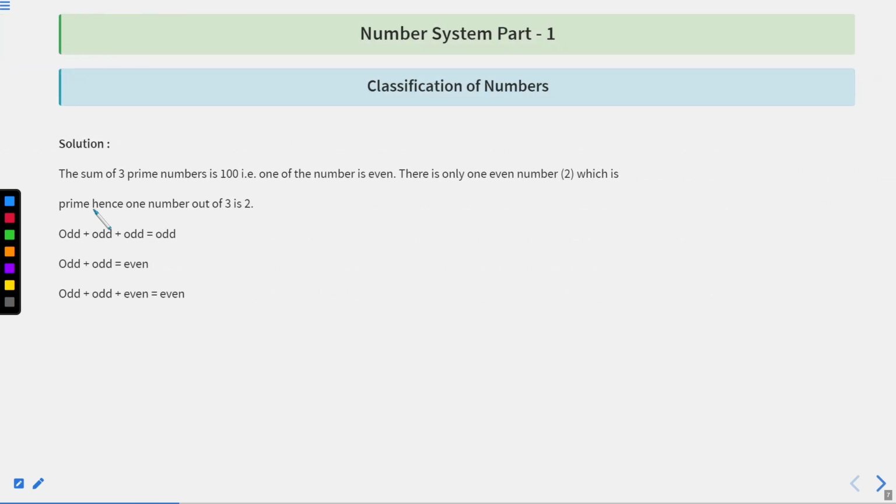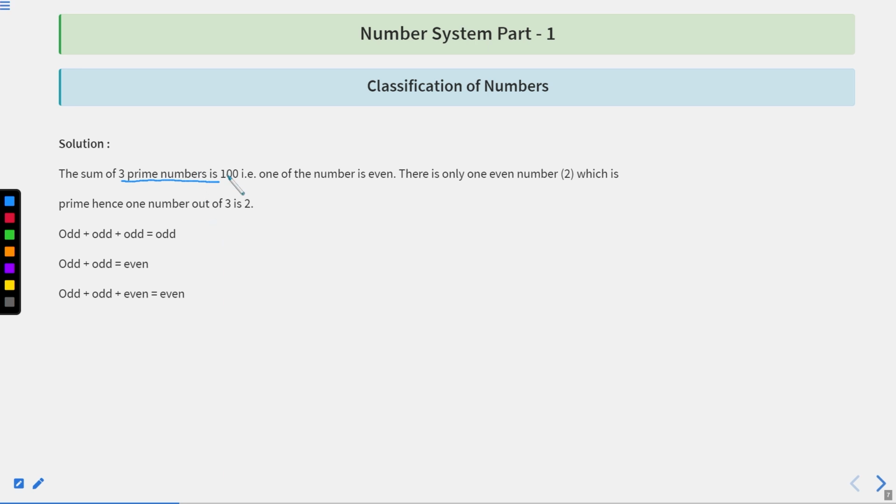The sum of 3 primes is 100. An interesting thing to note is that when we add 2 odd numbers, the sum is always an even number. And when we add 3 odd numbers, the sum is an odd number.